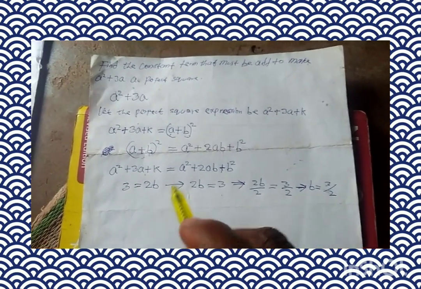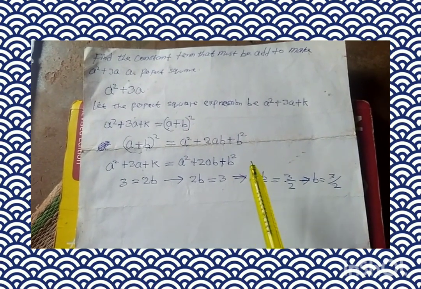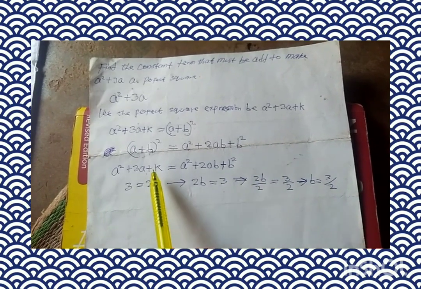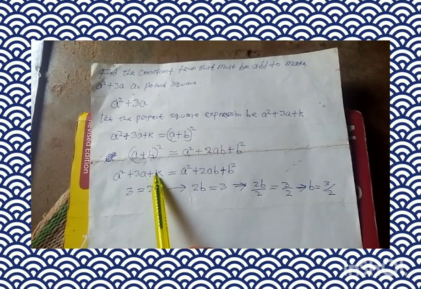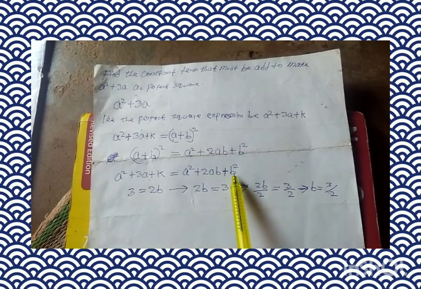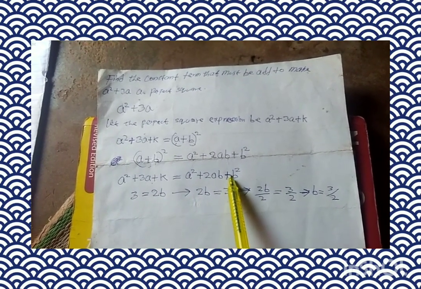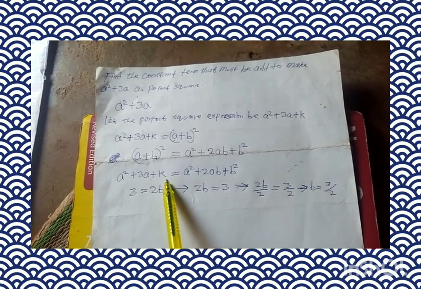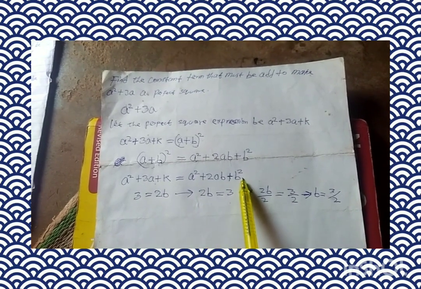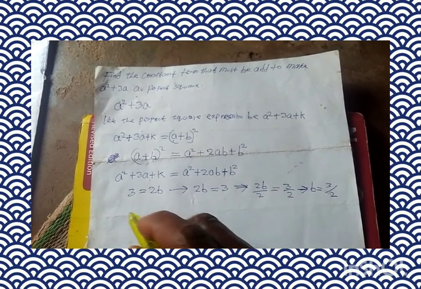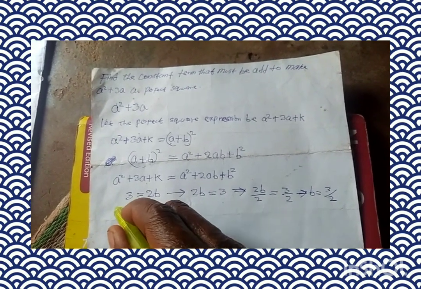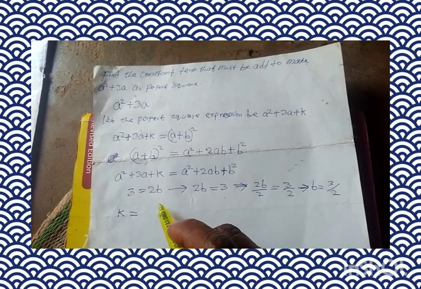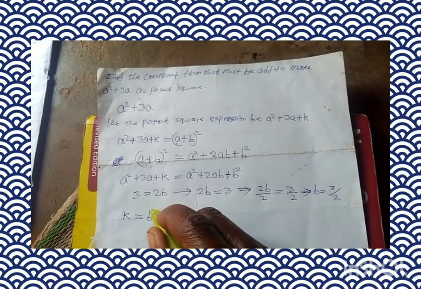Now let us compare the constant term at the left and right hand side. The constant term at the left hand side is k, and at the right hand side it is b squared.